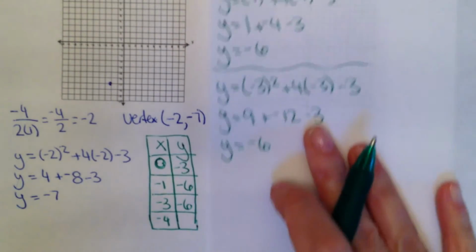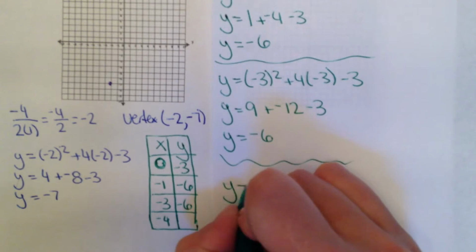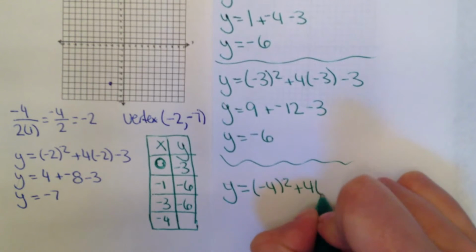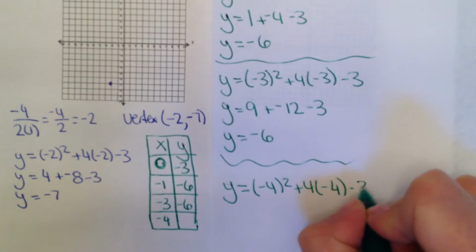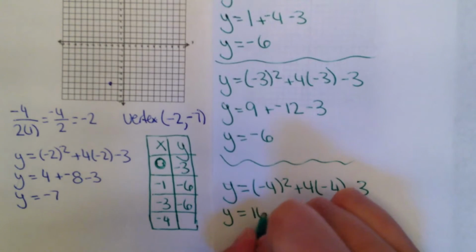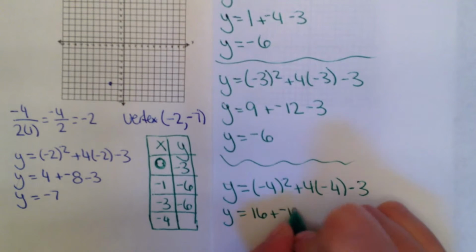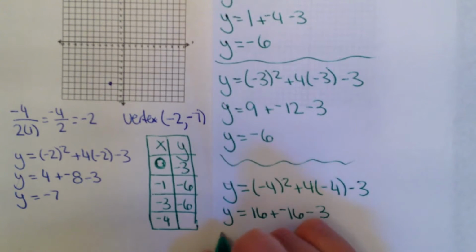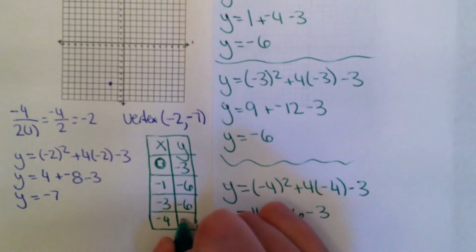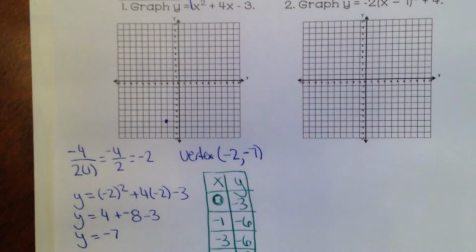Okay, one more. We're going to plug in -4. We have y equals -4 squared plus 4 times -4 minus 3. Simplify, -4 squared is 16 plus 4 times -4 is -16 minus 3. Simplify, these two cancel each other out, so we're left with -3. And we can graph these coordinate pairs.